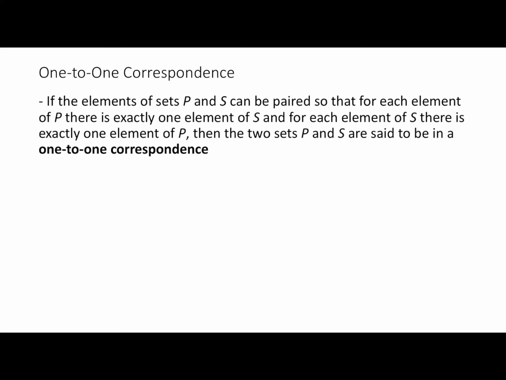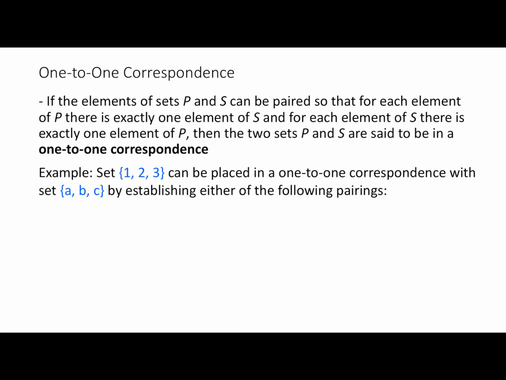If we compare elements from the sets P and S such that for every element of P, there's exactly one element of S and vice versa, then we say the two sets P and S are in a one-to-one correspondence. So for example, I can put set 1, 2, 3 in a one-to-one correspondence with set ABC by the following.